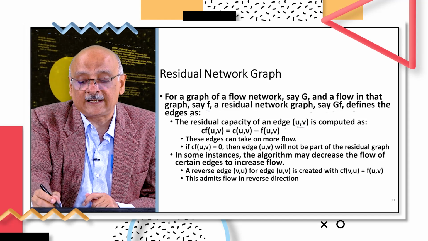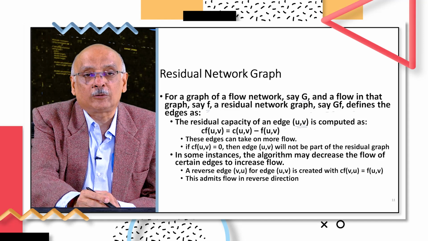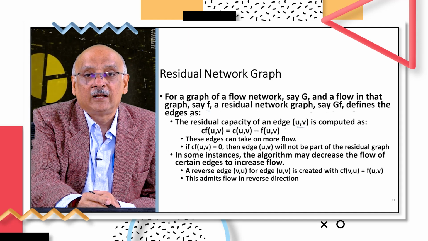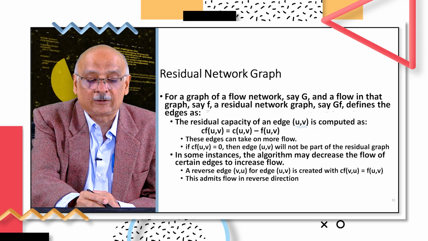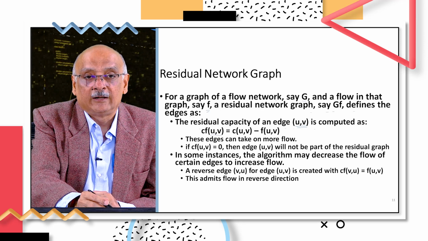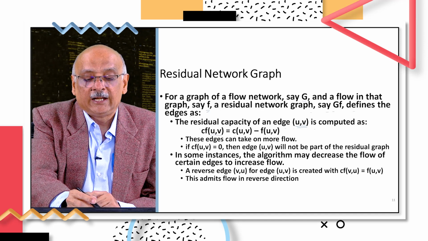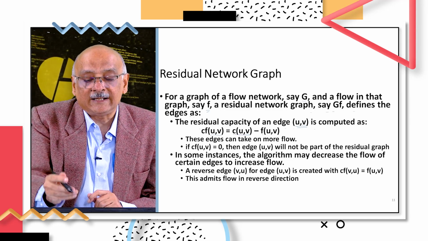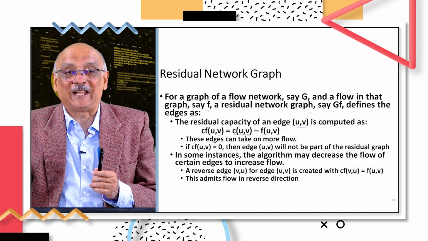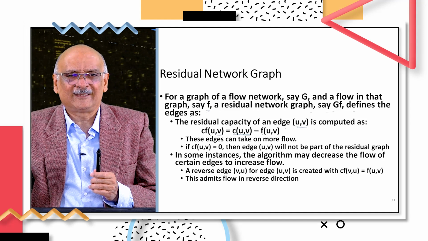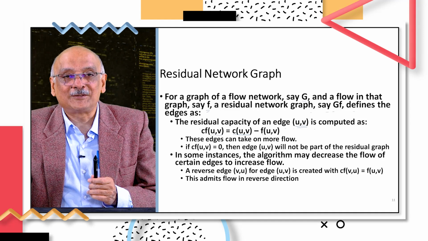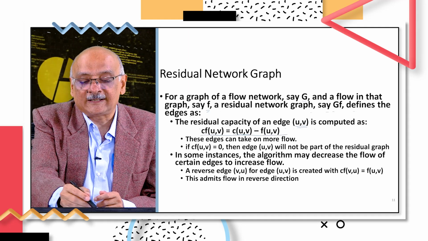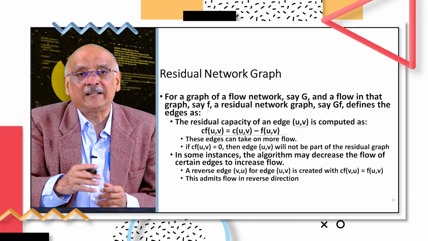Then you will compute the capacity of the residual network graph at that particular edge uv as the original capacity of edge uv minus the flow which is going through that particular link. Seems complicated, but let us do an example and you will remember this. So that is the capacity minus flow.